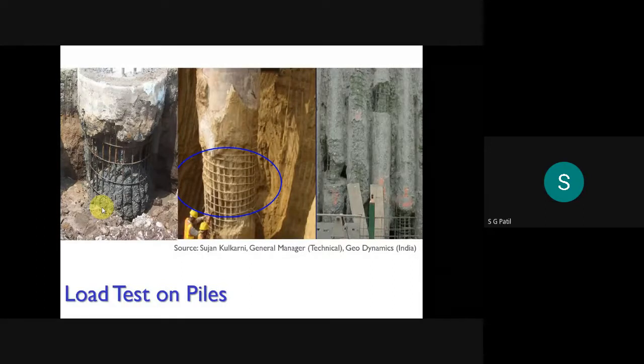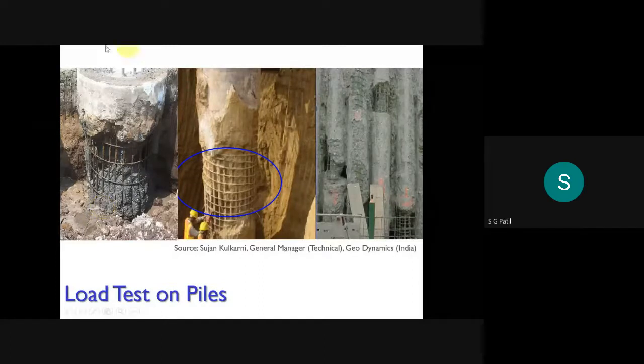But in the pile there is a lot of problem about quality control. Even though you would have designed perfectly in the lab, while execution there will always be a lot of constraints. So you will be having some defects.